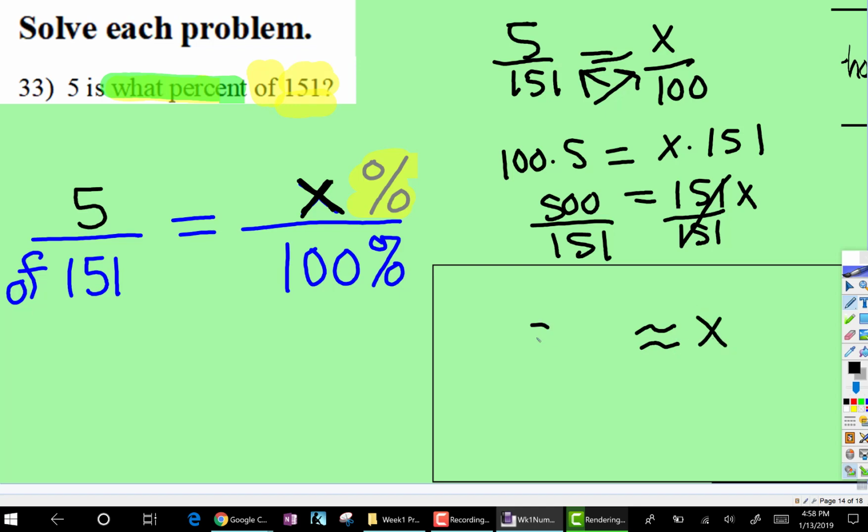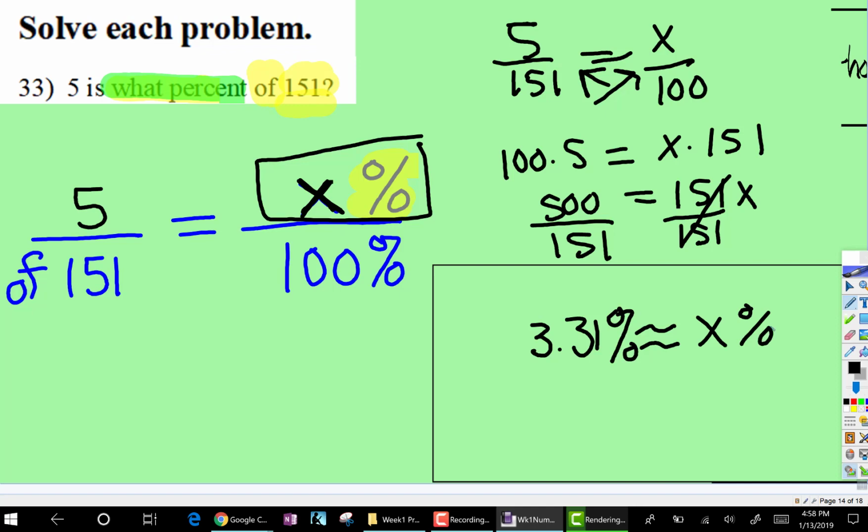You're going to get about 3.31%, because remember, we were looking for what percent. So when you take 500 divided by 151, what you have left with, I guess we could have left that there, is percents. All right, that's it for this one.